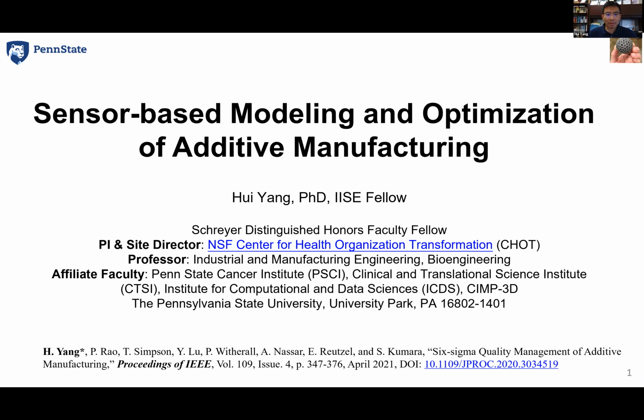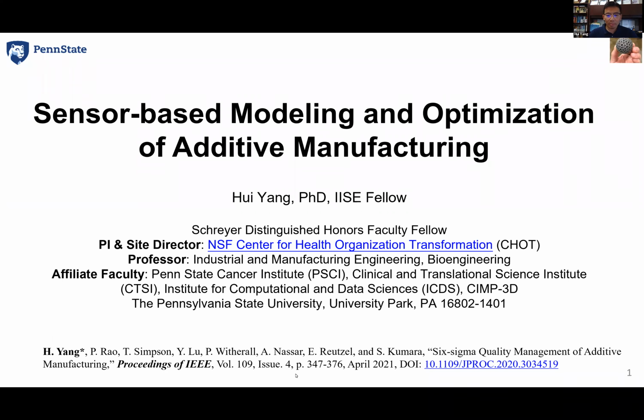Today, I'm going to talk about sensor-based modeling and optimization of additive manufacturing. Here there's an affiliation called CIMP-3D. CIMP-3D stands for Center for Innovative Material Processing through Direct Digital Deposition, actually 3D printing. This project is primarily in collaboration with CIMP-3D.